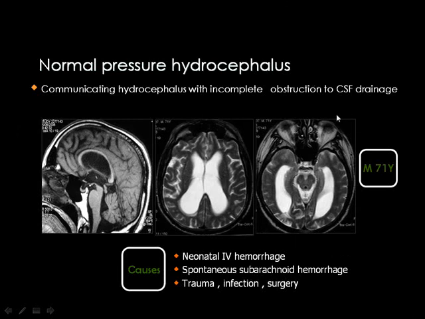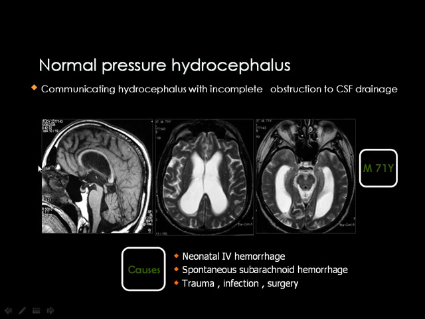Then this is an issue of debate in the literature about normal pressure hydrocephalus. You all know that hydrocephalus means increased pressure in the ventricles. And whenever the ventricles are dilated with normal pressure inside, you can diagnose atrophy.